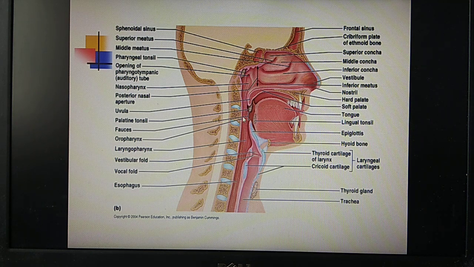Here you can see the common tract for the respiratory and digestive tracts. Behind is the digestive tract, and in the front what you are seeing is the respiratory tract. You can see the trachea over here, this is the pharynx, and you can see the larynx also.